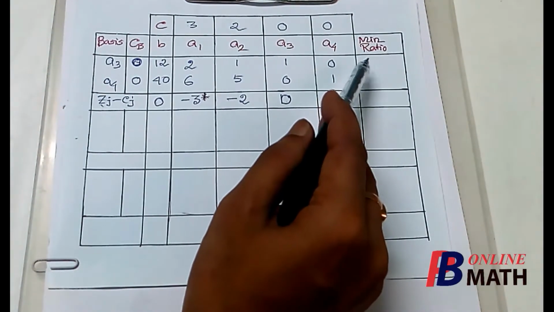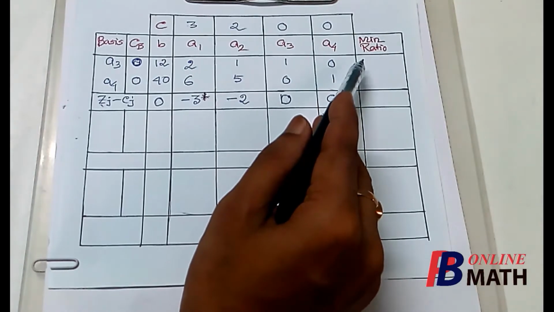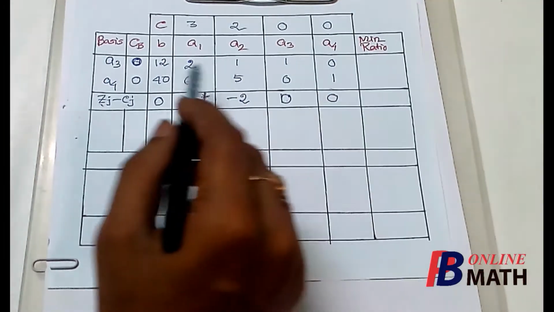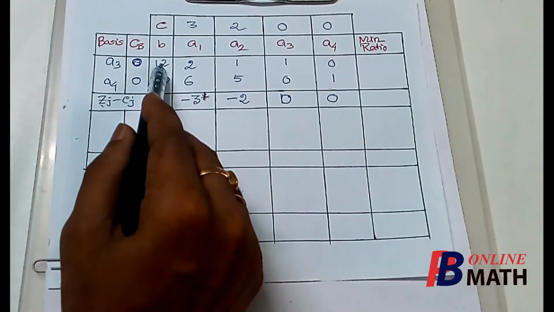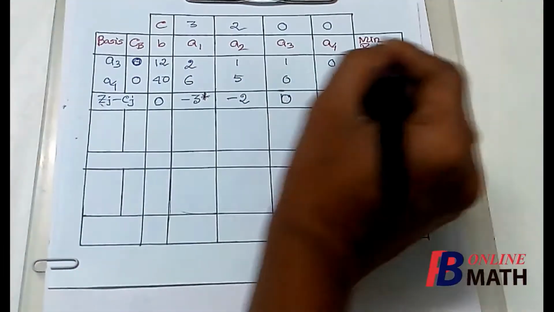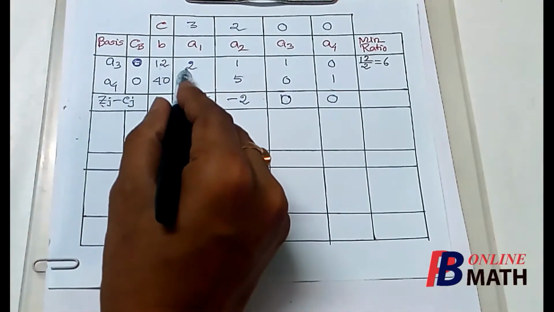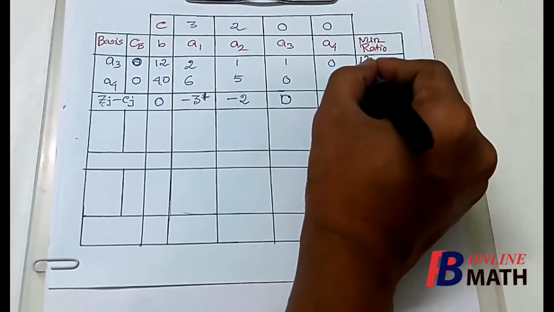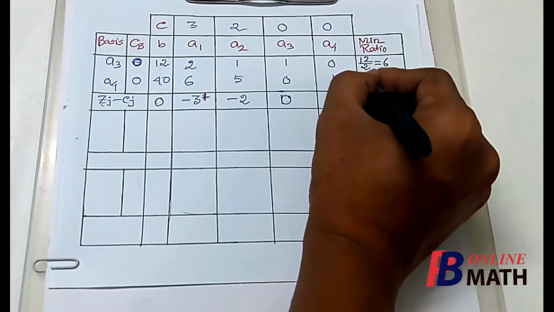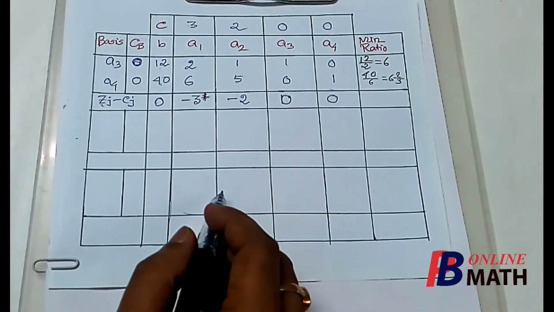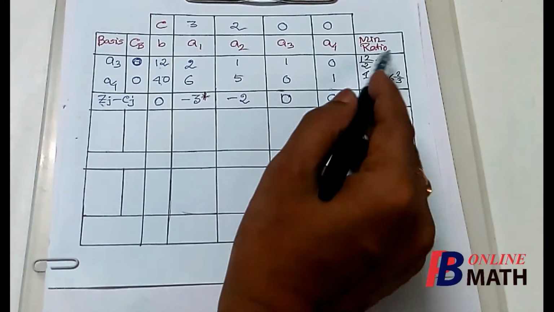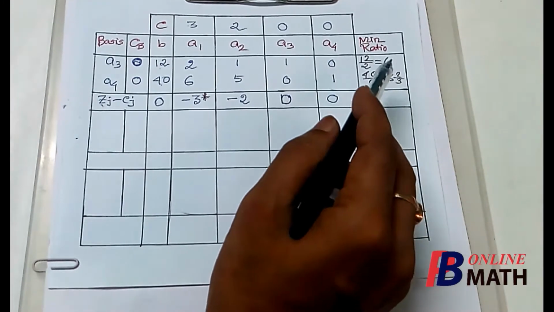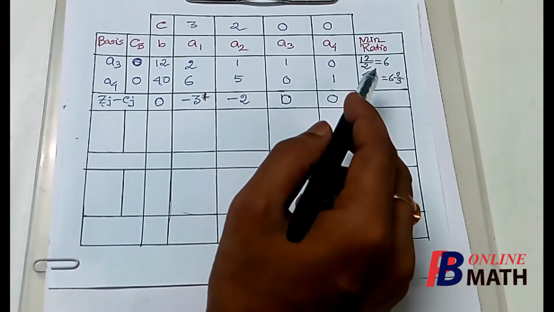For the min ratio, we have to first compute some values. These values are 12 by this coefficient. So here we write 12 by 2. Next value is 40 by 6. So here we compute 40 by 6. Now we have found two ratios, out of which we have to select the ratio which has minimum value.